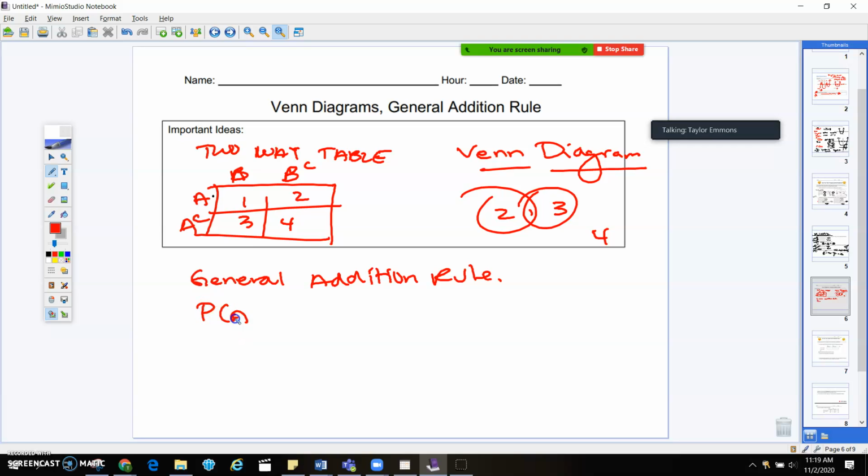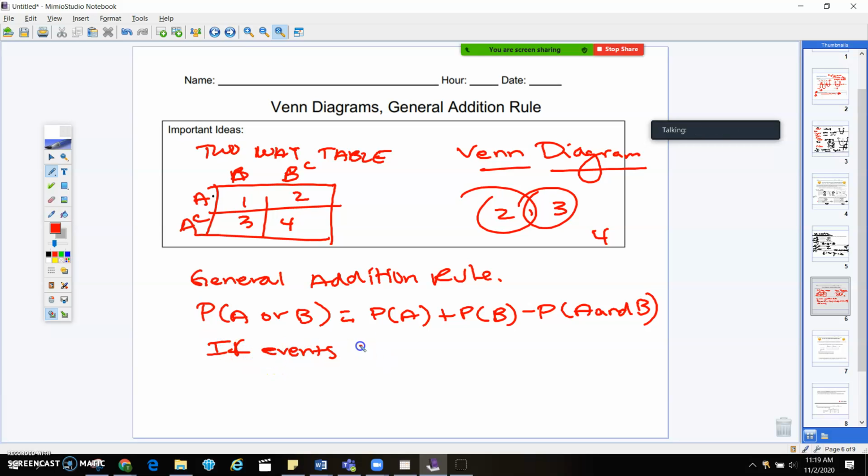So if I have P, the probability of A or B, that means that I'm going to take the probability of A plus the probability of B minus the probability of A and B, also known as the intersection of A and B. Which means that if events A and B are mutually exclusive, they cannot occur together.